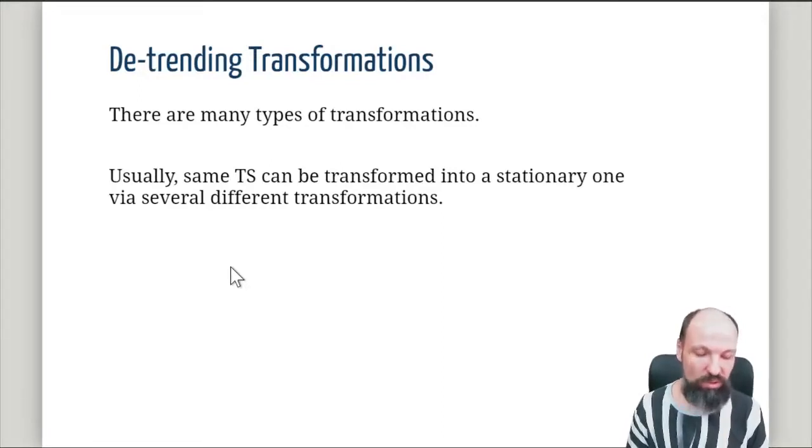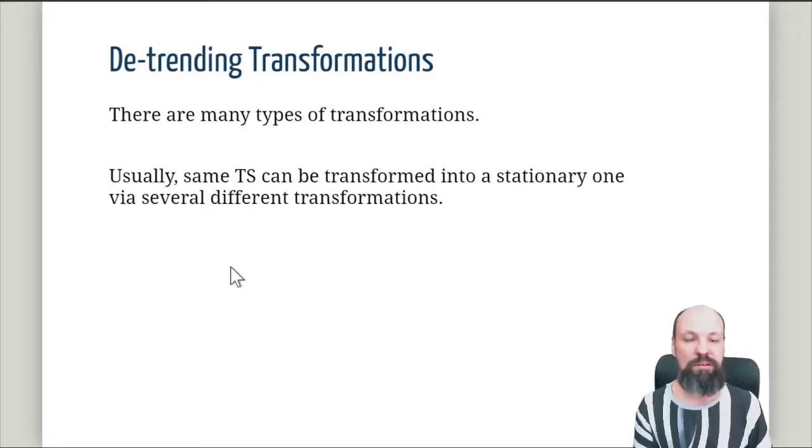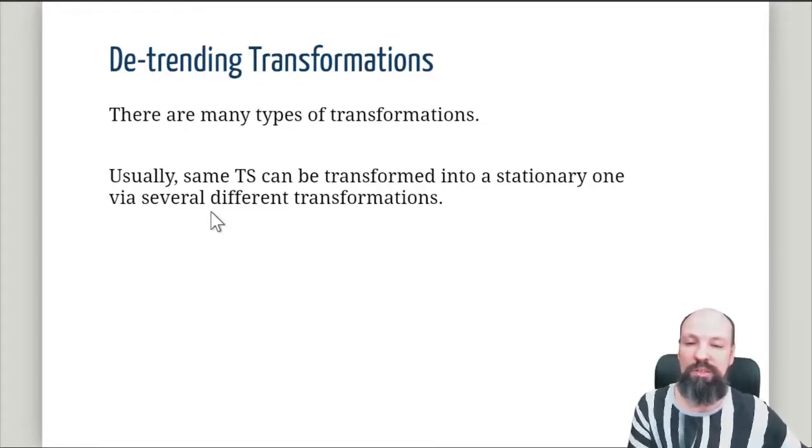As we just saw in the very brief example, one transformation can be applied to exponential trend, but it cannot be applied to linear trend, because then it will not result in a stationary time series, and the opposite. If you apply something that can make linear trend stationary to exponential trend, it will not result in stationarity.